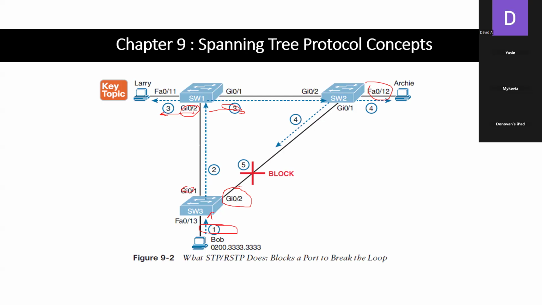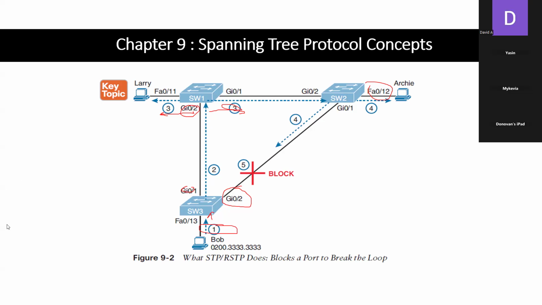All right. So this is what an active spanning tree topology looks like. Going from what we had before to what we have now, you can call this STP convergence. That refers to the process by which switches collectively realize that something has changed in the LAN topology and determine which ports block and which ports forward.